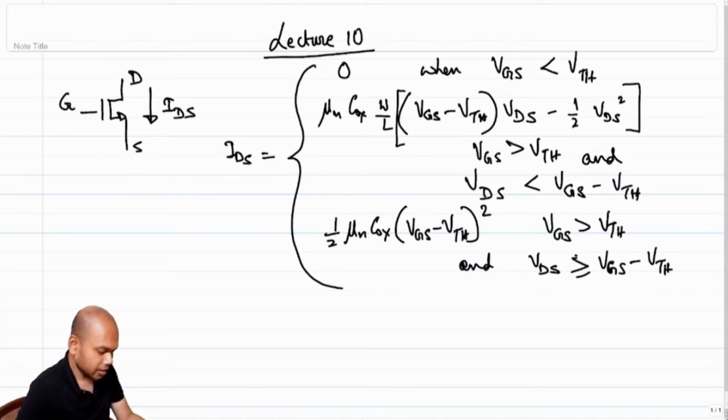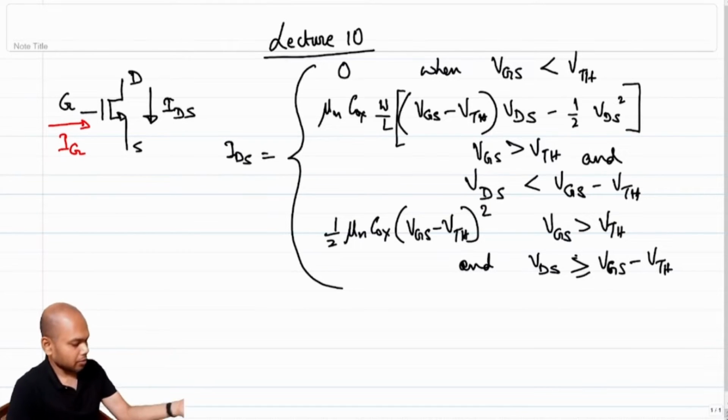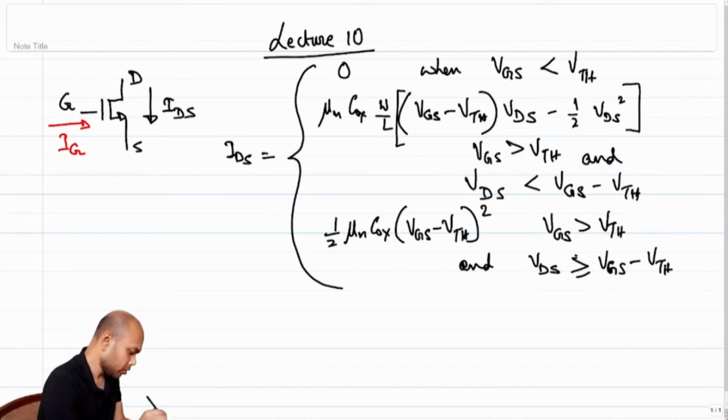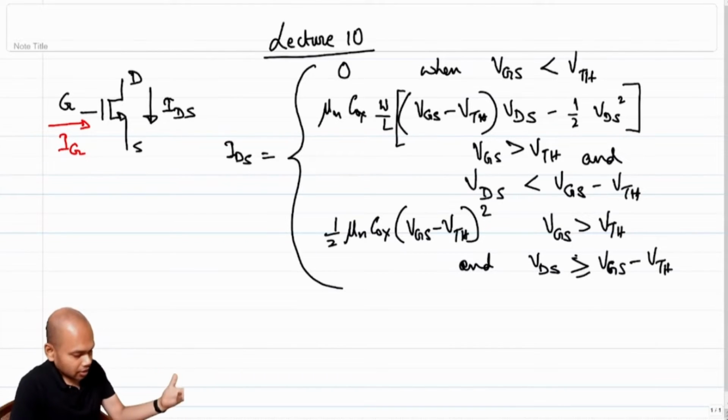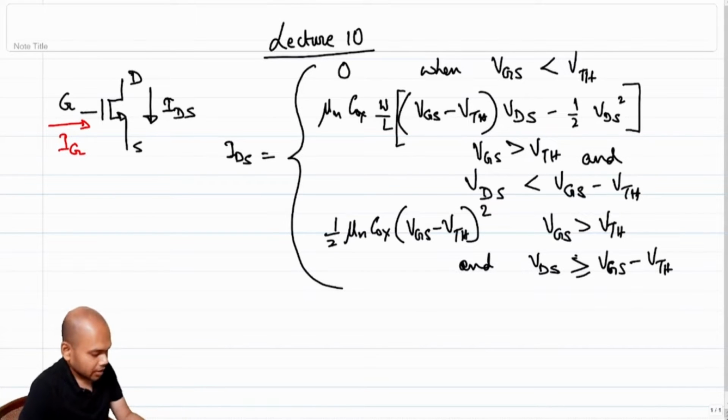The other thing that we didn't touch upon was what about the current that is going into the gate? What about IG? Now note that if we go back to lecture 9, what we saw is that by the way the MOSFET is made, we have an oxide or an insulator between the gate and the channel, right?